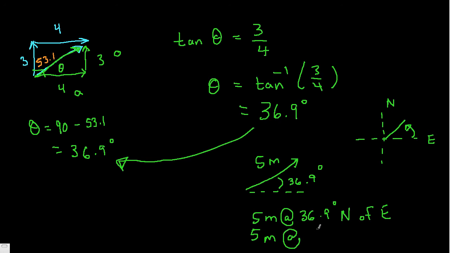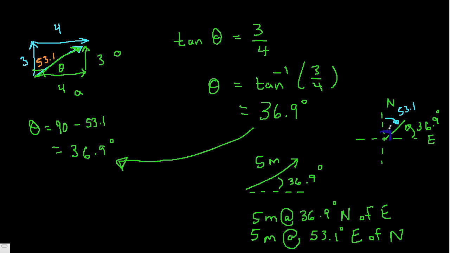Okay, compare this to the previous answer, which is 5 meters at 53.1 degrees east of north. And let me just show you that's the 53.1, and this is the 36.9, and of course these two would add up to 90 degrees. 90 degrees here, right?